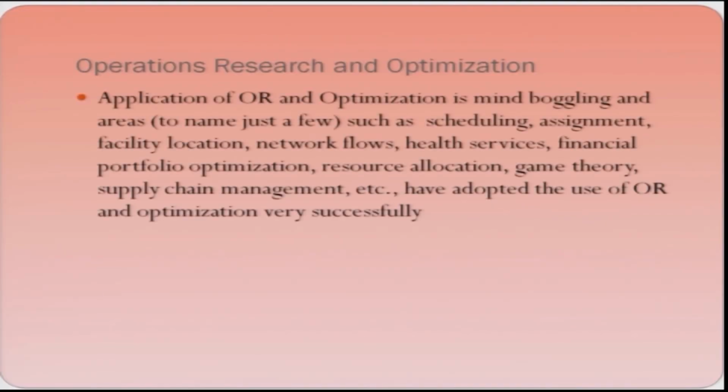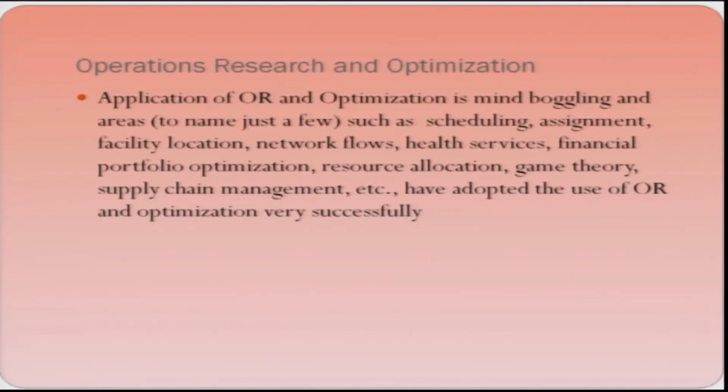Now, if somebody asks about the application of OR and optimization, it is a very difficult question to answer, because if I start now, it will take about 1 hour to give you all the areas of application of optimization and operation research. But to keep it brief, considering that you are all eager to take this as a subject, I will just highlight some areas: scheduling, the assignment problem, and facility location, like when you want to build a factory or a storehouse.